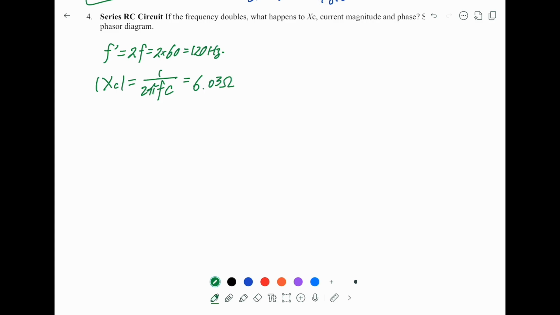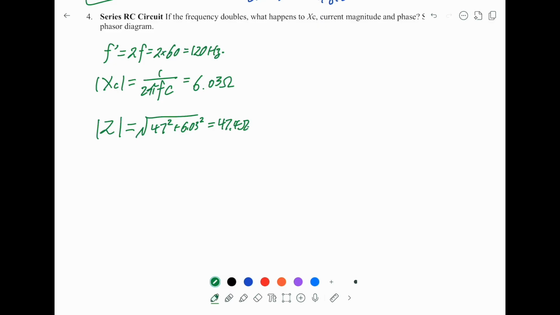Now the magnitude of the total impedance is the square root of 47 squared plus 6.03 squared, and you will get 47.4 ohm.